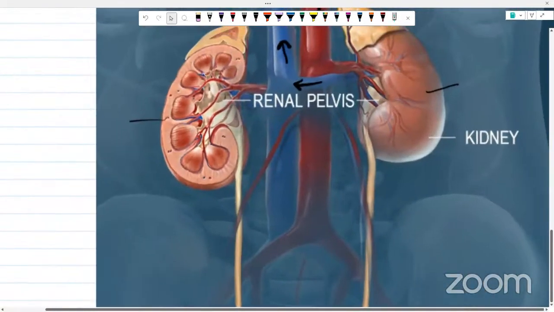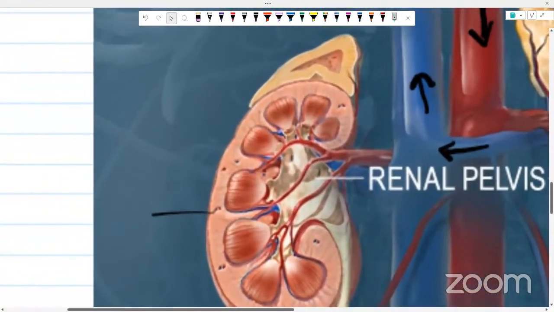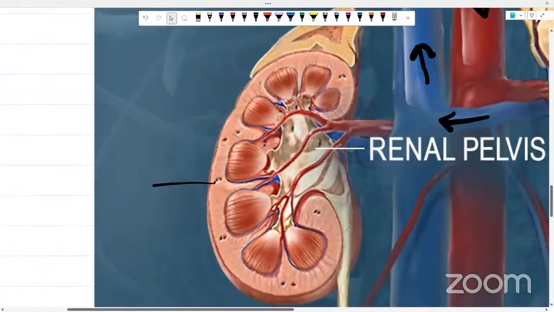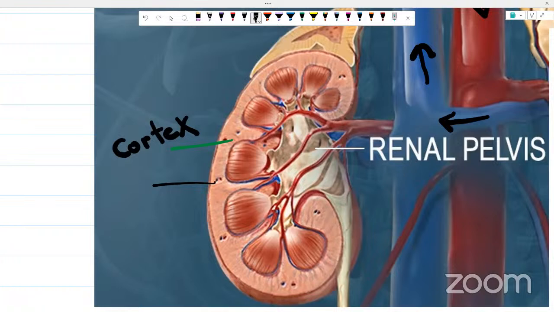If I would like to go deeper into the kidney itself, it also has different tissues. If I look at this one, it is called the cortex. And this lobular structure or layer is called the medulla.